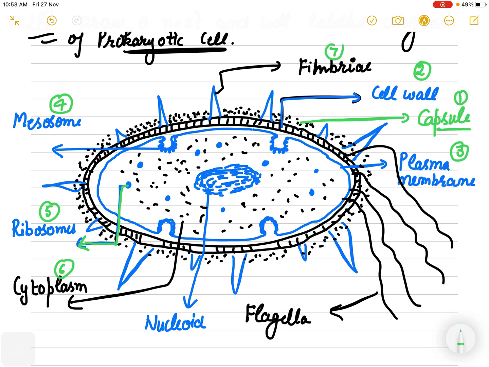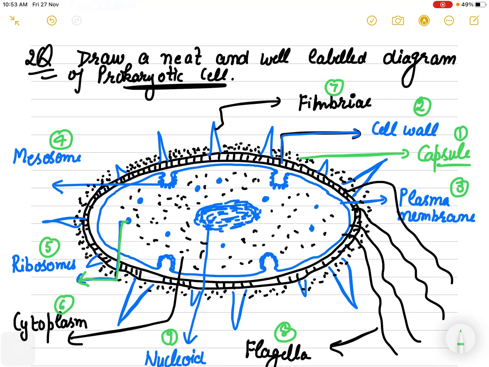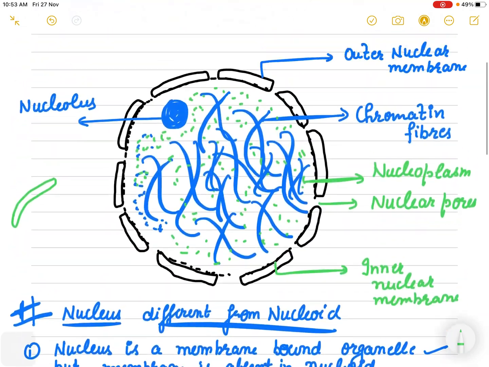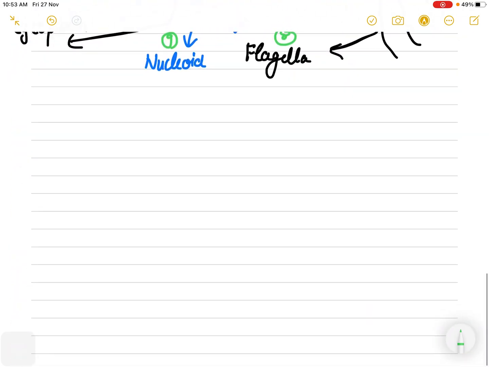Then there are fimbriae, and for locomotion there is flagella, and in the center we have the nucleoid, which is not covered with any kind of membrane. I think you can easily draw now this structure of the prokaryotic cell.